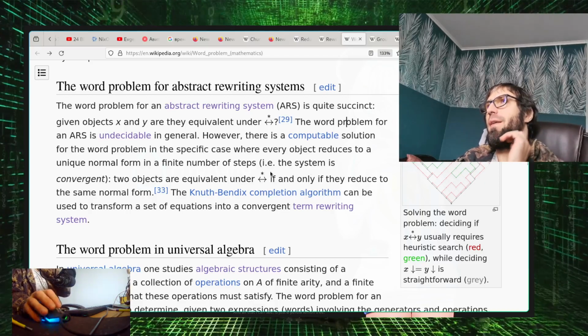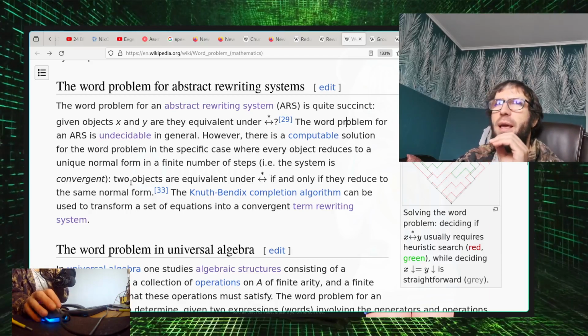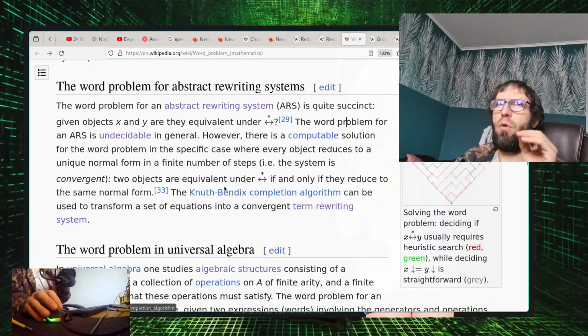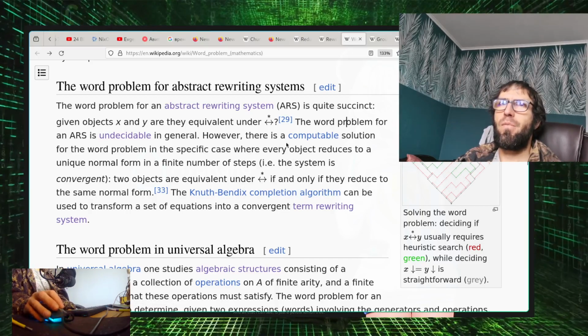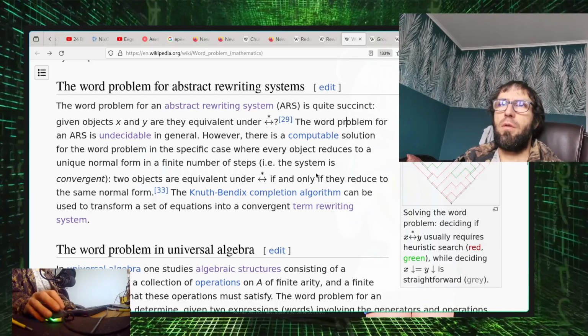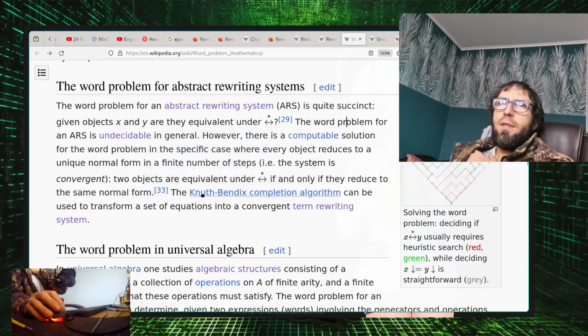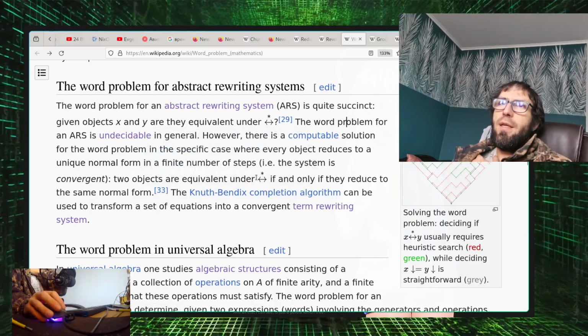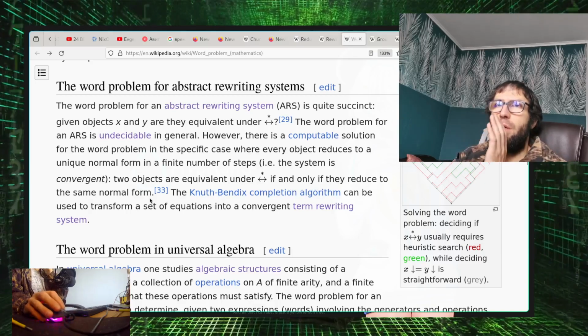So we have a terminating system, and every object of this system has a unique normal form. Then we can decide this problem. In other words, the system is convergent, and two objects are equivalent under this relation if and only if they reduce to the same normal form.